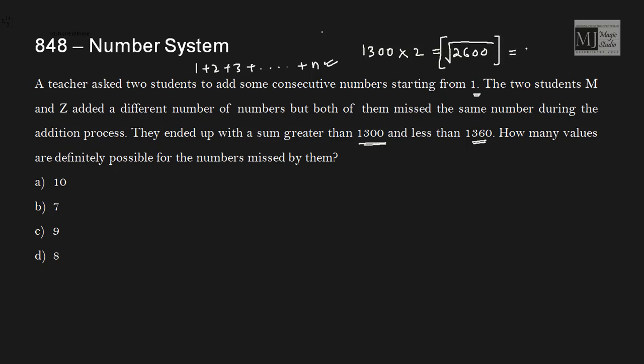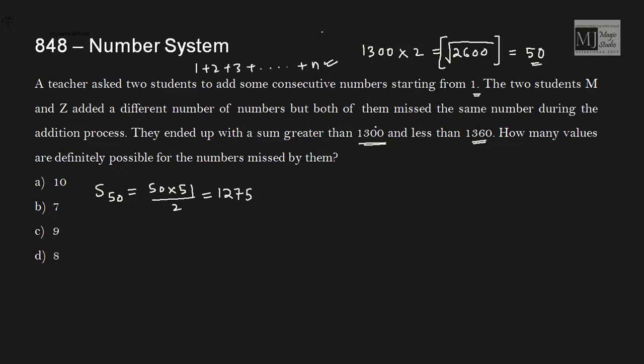That would be 50, that is 2500. Find S50 for the natural number series, that is 50 into 51 by 2, n into n plus 1 by 2. That will give us 1275.